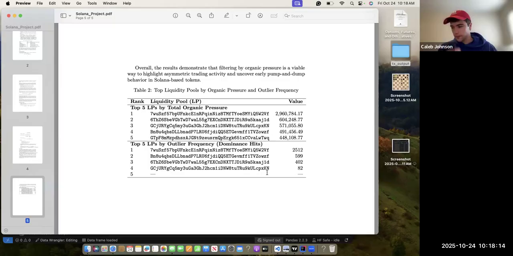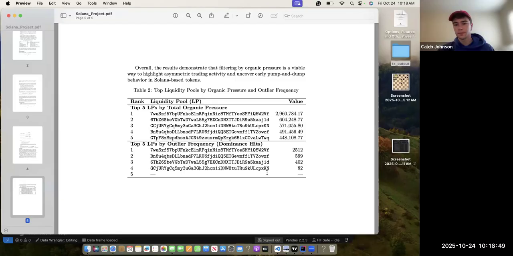And like you said, your top five liquidity pools by total organic pressure is basically the sum over all the rules that fit your organic transaction range. So if you could somehow find the total number of rules that were a hit, the ones you wanted, and divide the total organic pressure by that amount, you could standardize it. Then you could tell, for each rule, what the total organic pressure was.